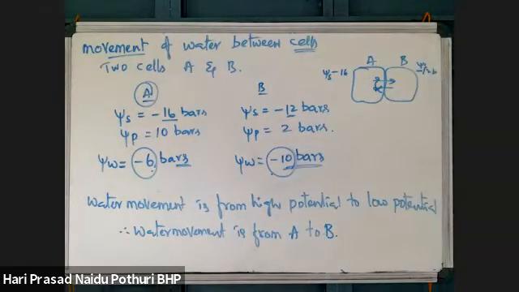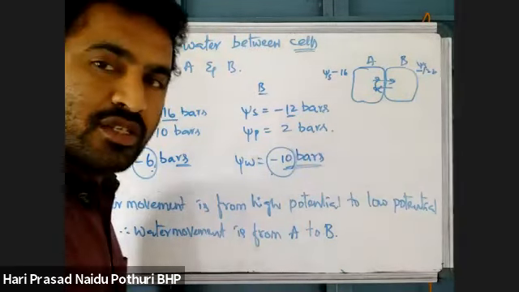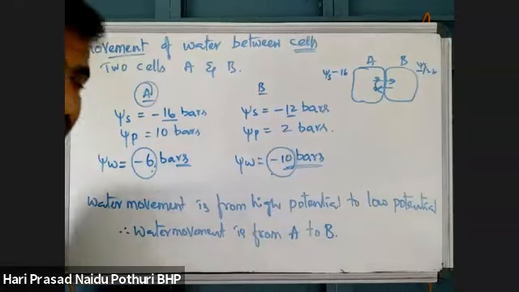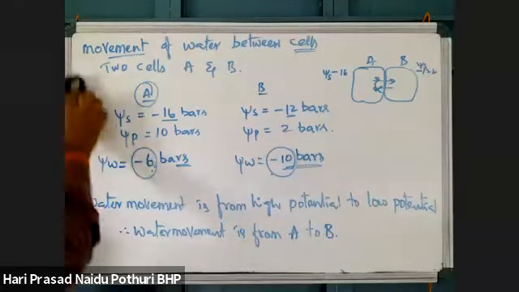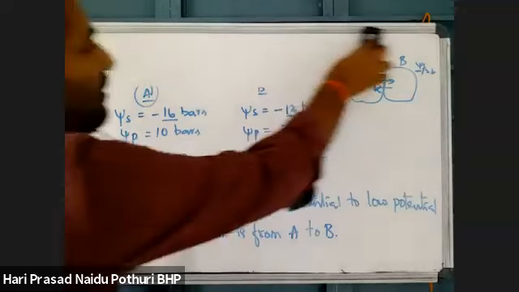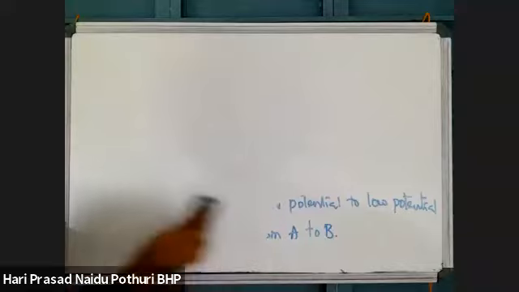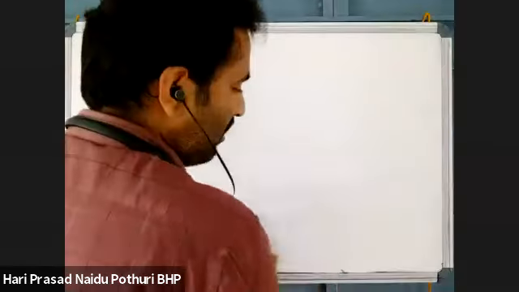Movement of water is based majorly on the water potential. It always depends on the water potentials of the two media, where water always moves from the area of high water potential to the area of less water potential. This is how we have to remember it.